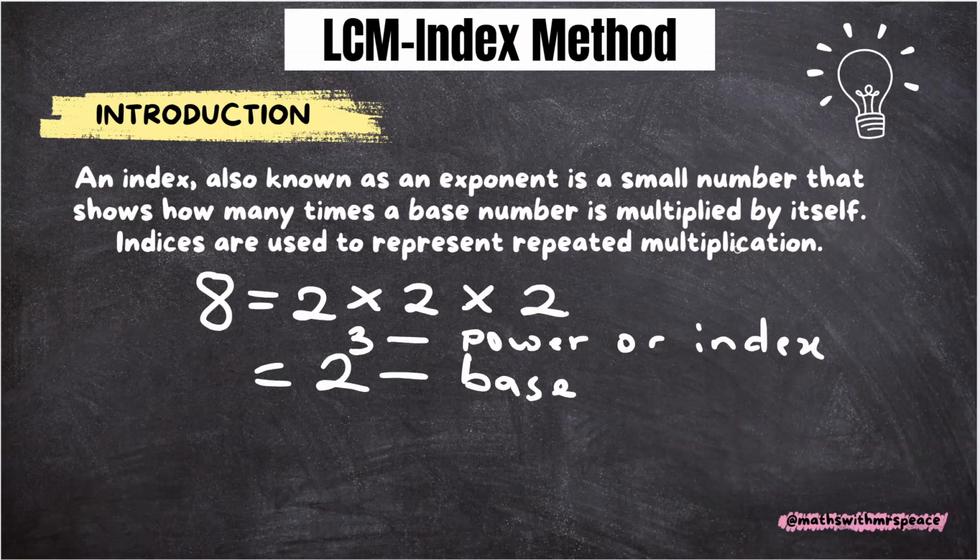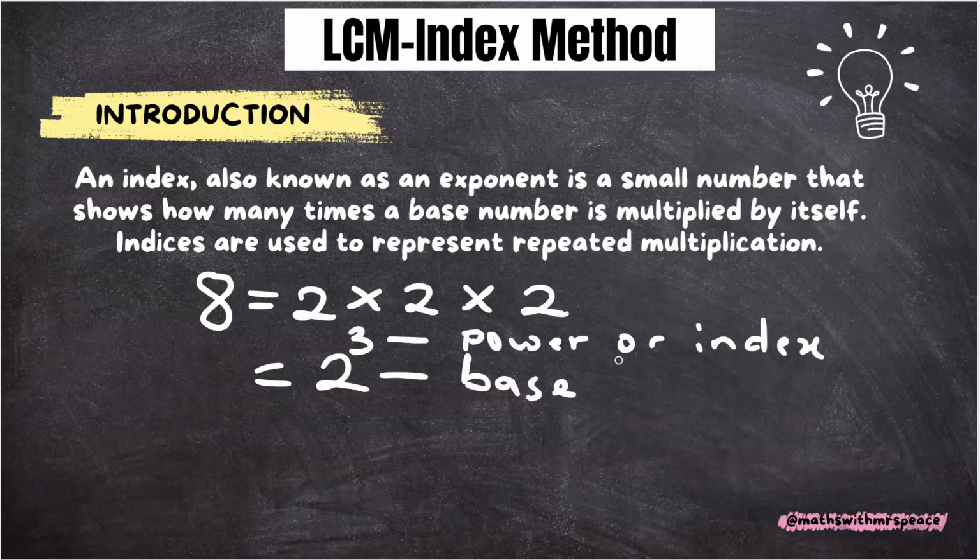If you look at our definition of index again, it's an exponent, a small number that shows how many times a base number is multiplied by itself. So in 2 raised to the power of 3, 2 is the base and 3 is our index, and it shows us that 2 multiplies itself 3 times.